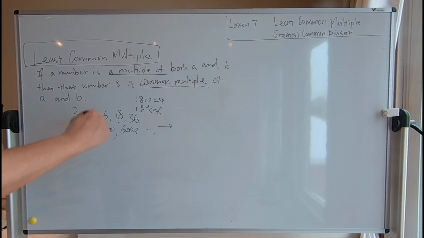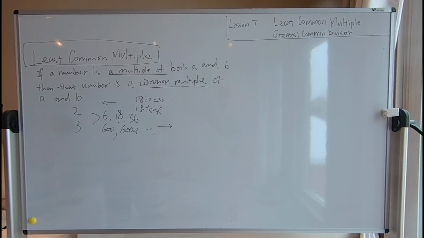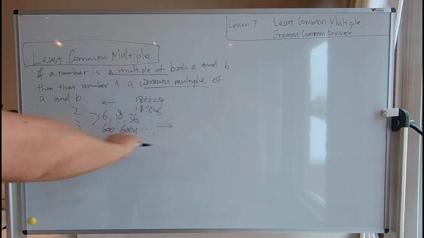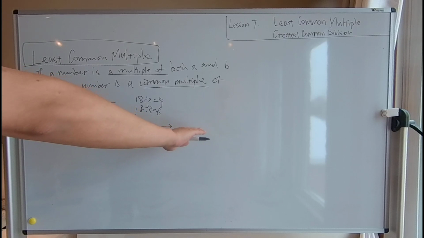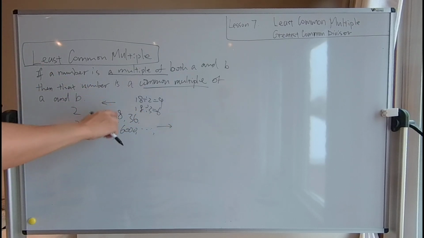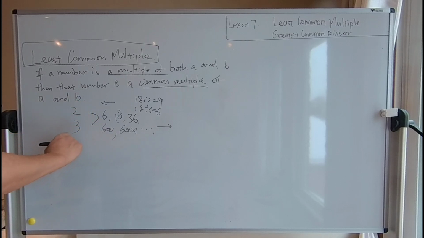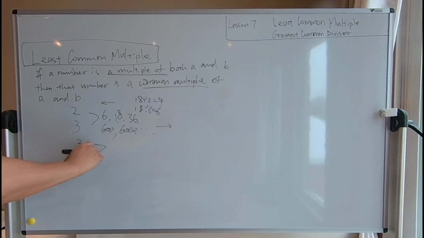But if you check the smaller side of those common multiples, you will soon find that yes, there are infinitely many going to the right-hand side of the number axis, approaching positive infinity. But if you go to the left-hand side of the number axis, where you're testing the smaller numbers, you will find that sooner or later you will reach the case that there's no other common multiple.